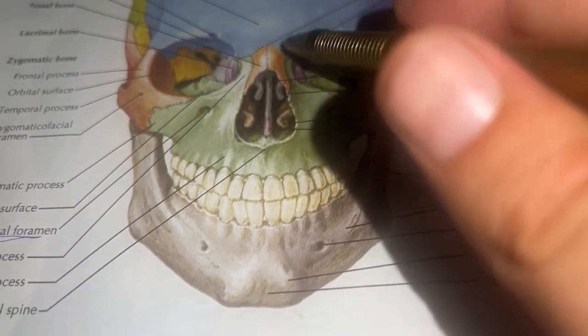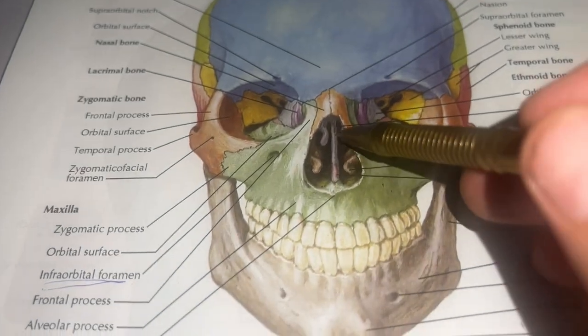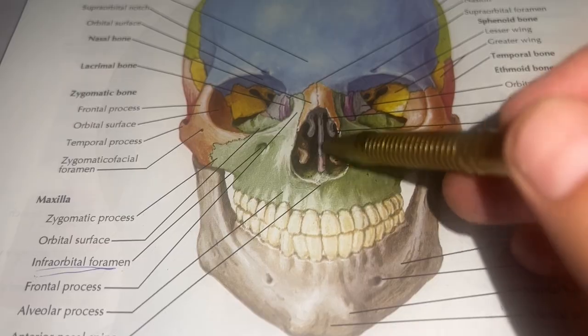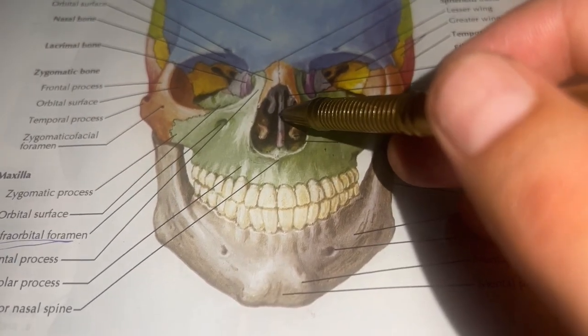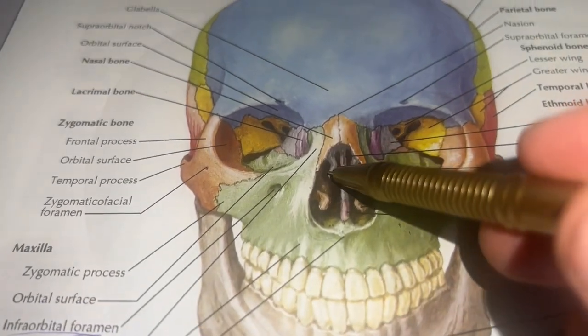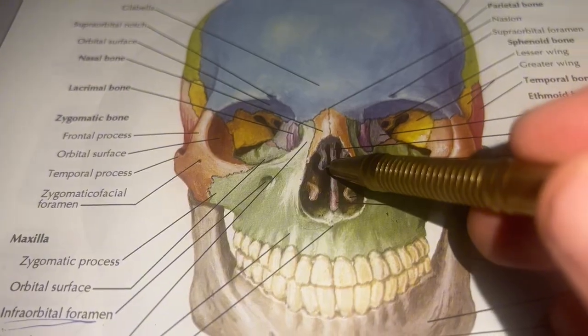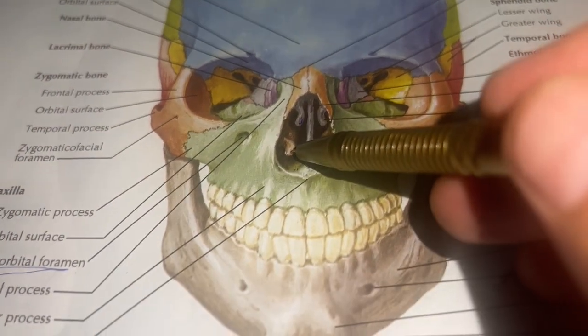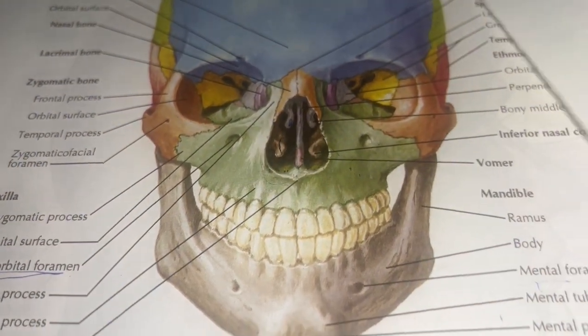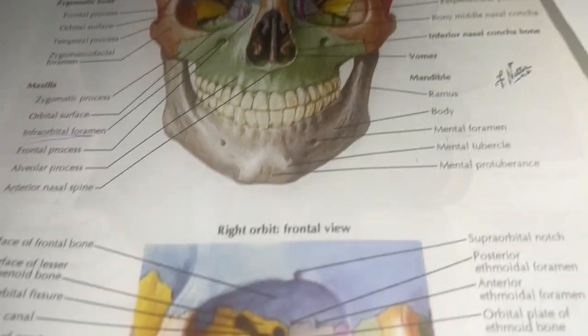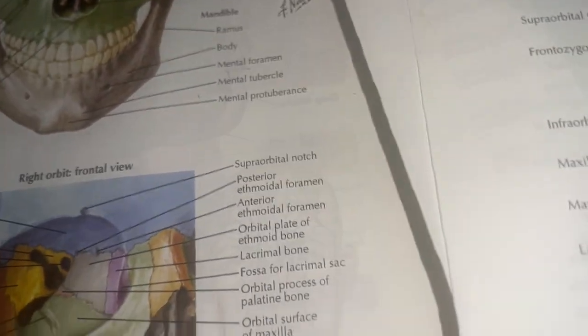Below the nasal bone, in the opening of the nose, is the nasal septum with the conchae. This is the middle concha, and this is the inferior concha. So these are the prominences and the foramina in the Norma Frontalis view.